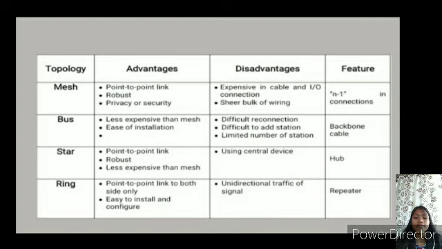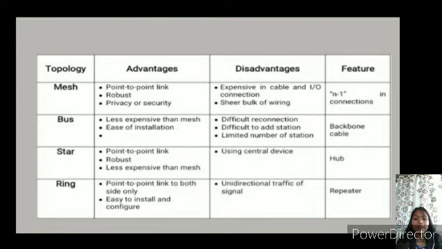Then we have the advantages of star topology: point-to-point link, robust, and less expensive than mesh. Then we have the disadvantages: it uses a central device, and the feature is the hub.